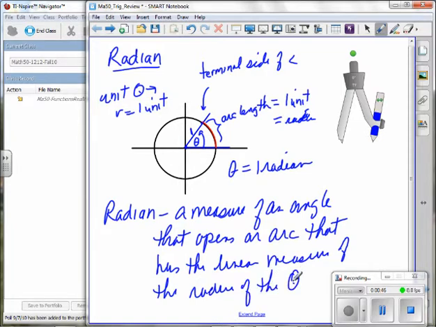Okay? Now, let's see here. If that is what a radian is, it's this angle right here.